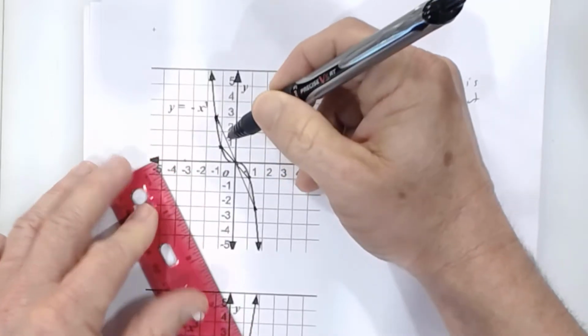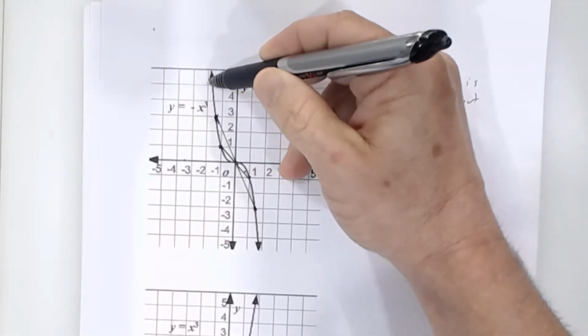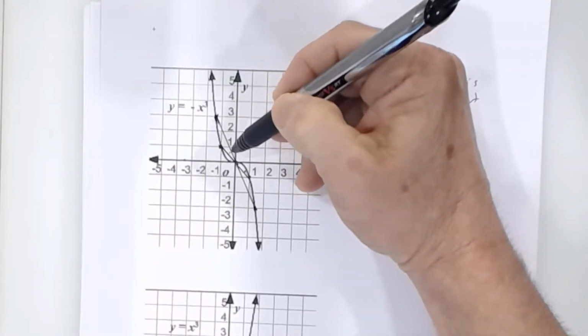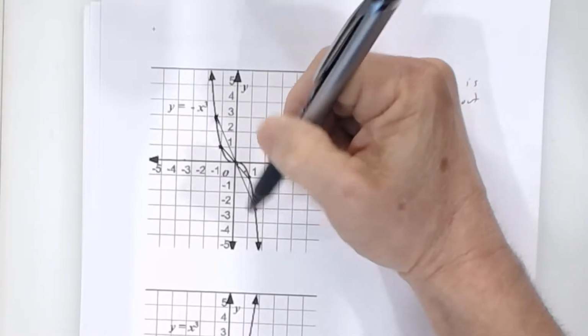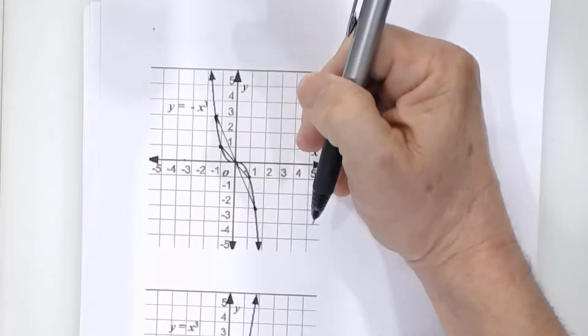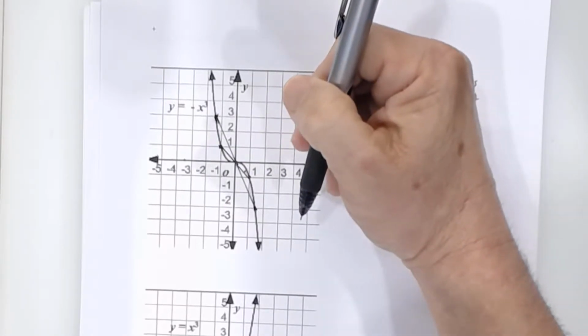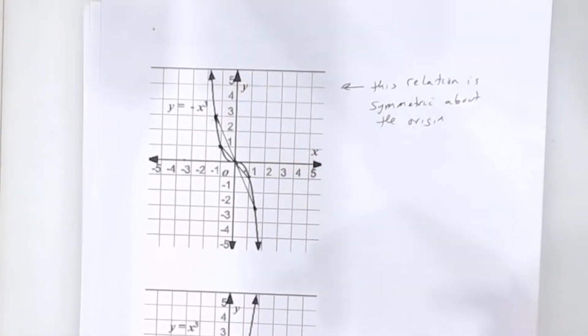So no matter what point I take on this part of the graph, if I reflect it about the origin, I get a point on the other part of the graph, and the distances are the same for each. So this relation is symmetric about the origin.